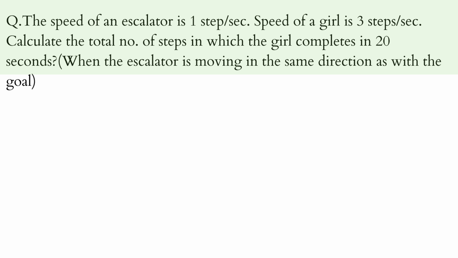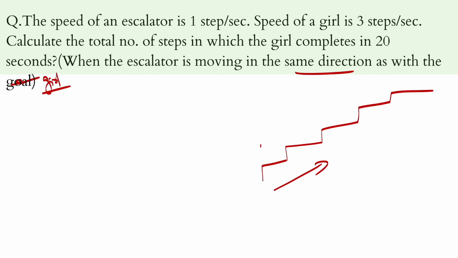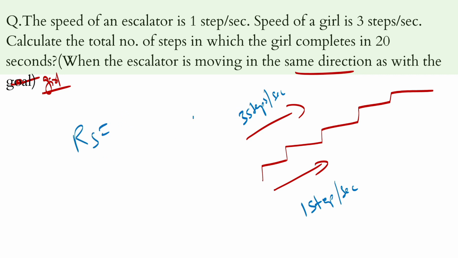Okay, the speed of the escalator is 1 step per second, whereas the speed of the girl is 3 steps per second, right? And is the direction the same? Yes, the escalator is moving in the same direction as the girl. So the relative speed, should we add or subtract?